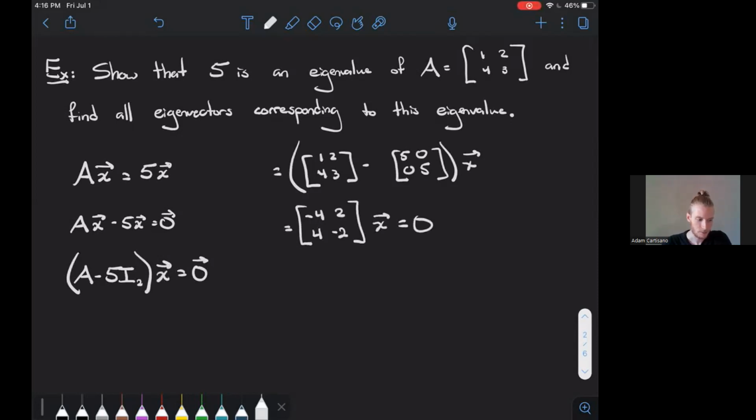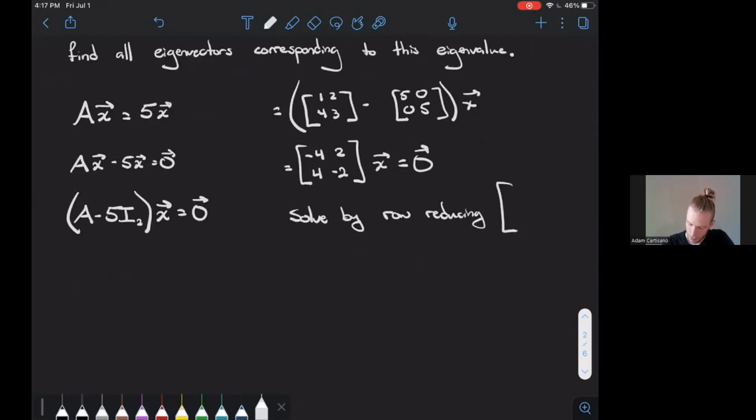So now we want this to be equal to 0, but notice this is the matrix form of an equation. This is matrix form for a homogeneous system of linear equations. In other words, we could solve this by row reducing this matrix: negative 4, 2, 0, 4, negative 2, 0.